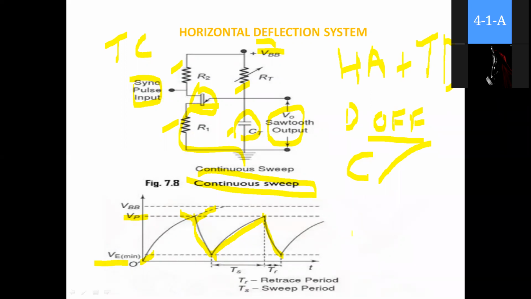We use a continuous sweep if the input is a periodic waveform, that is, a waveform with a specific time period and amplitude.